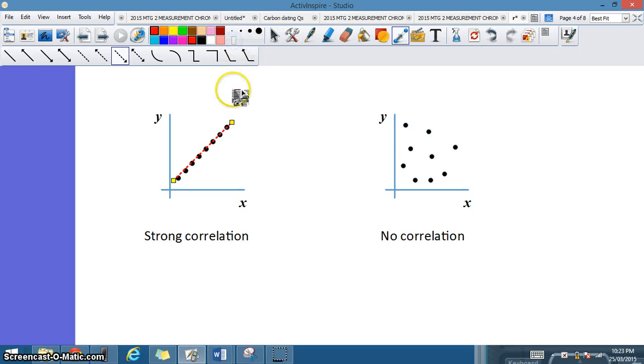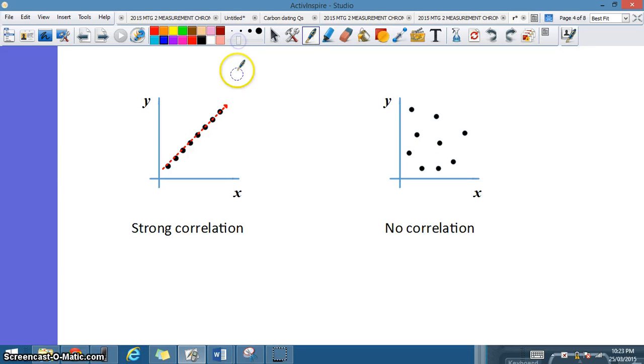Now, if we were to add a few extra points around this, we see the relationship's still quite strong once I add those points, but not as strong as when the data points are all lined up perfectly.